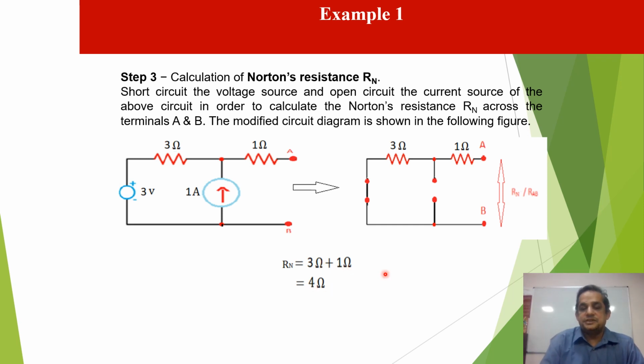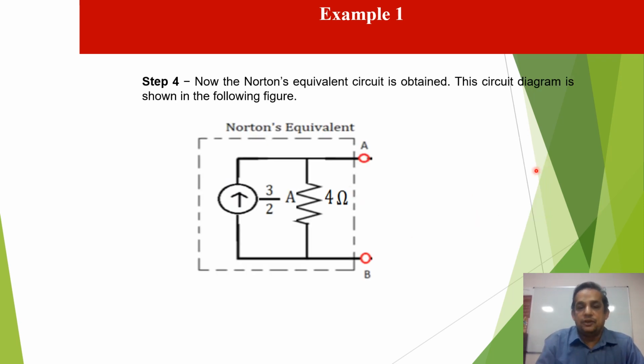So Norton resistance RAB is equal to 4 ohm. Now come to the equivalent. We know that the Norton current is 3 by 2 ampere and the Norton resistance is 4 ohm. Both are in parallel. So it becomes the Norton equivalent.